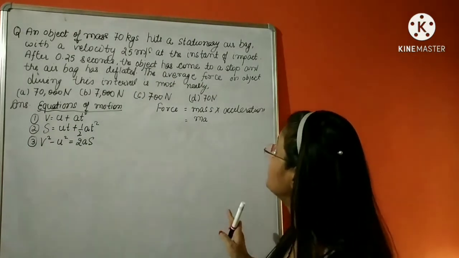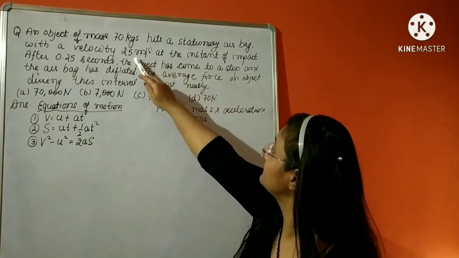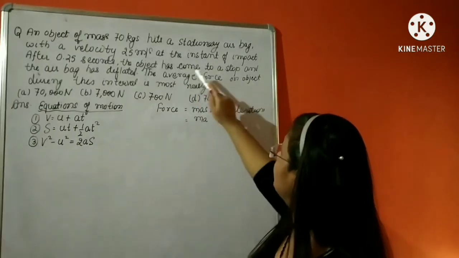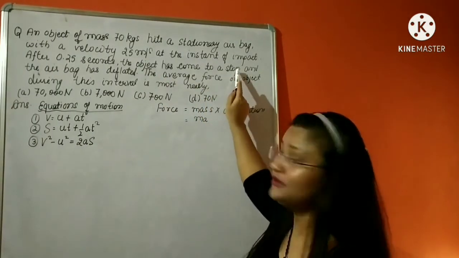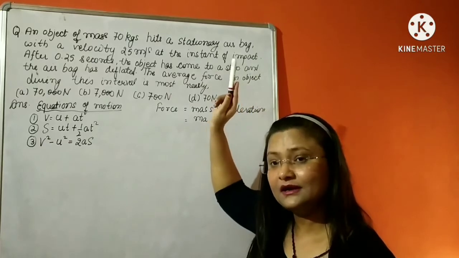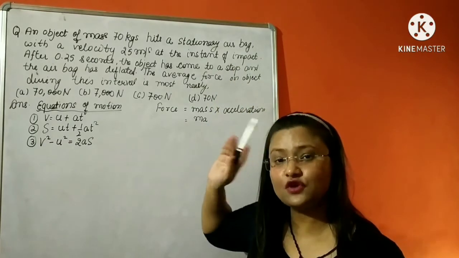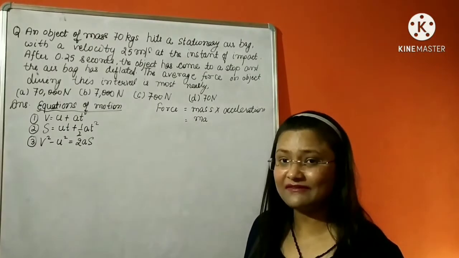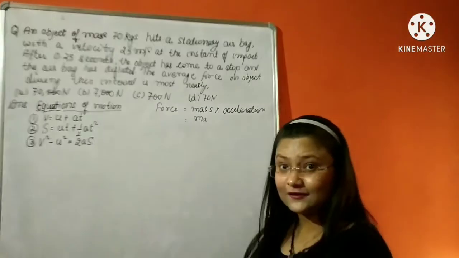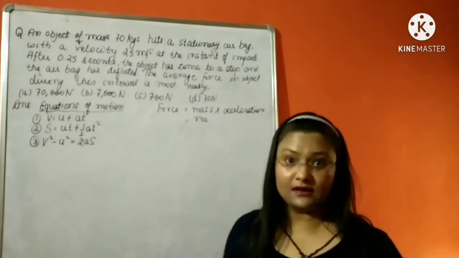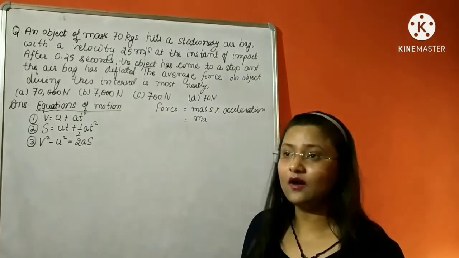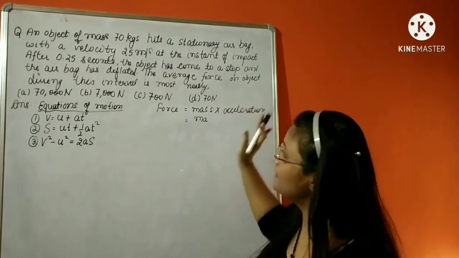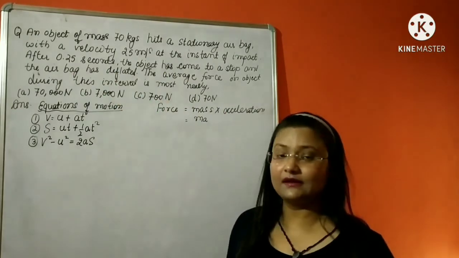That means this is the initial velocity, because finally the object came to a stop, it became static. A static object doesn't have any velocity, so the final velocity will be 0. So the initial velocity is 25 meters per second, the final velocity is 0, and the time interval is given.